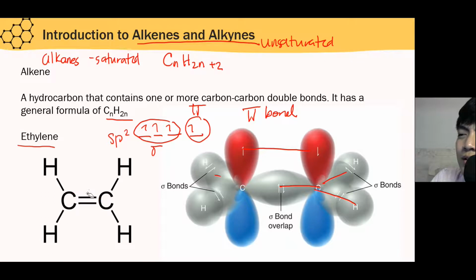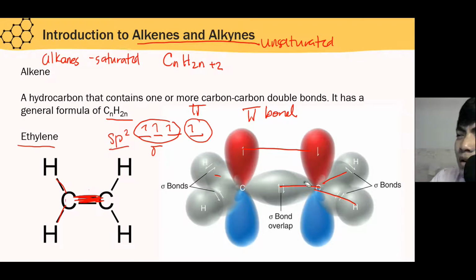Originally, tigi-isa lang dapat yan. Tigi-isang bond lang sila. However, because we know that there will be one unused electron for an sp2 hybridized carbon, they can create this type of bonding.